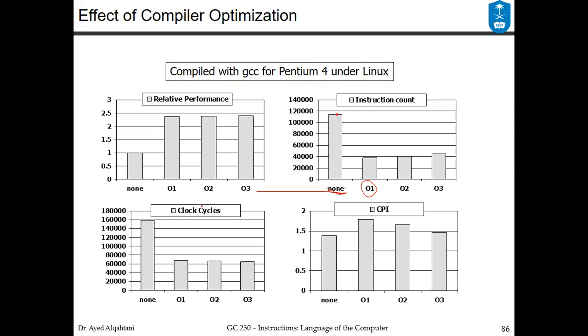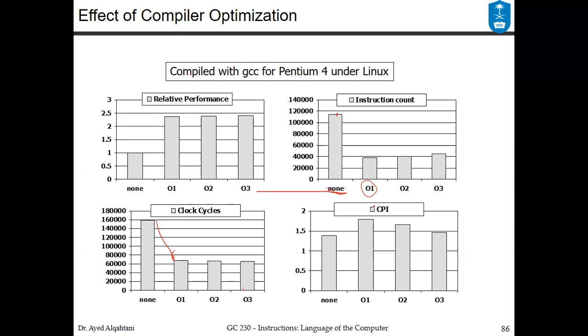Now, in terms of clock cycle, if you don't do any optimization, you need a lot of clock cycles. It would be huge. For optimization 1 and 2 and 3, they are very close to each other if they are not the same. So if you do the optimization, there will be huge reduction in the clock cycles, but the version of optimization doesn't make big difference.